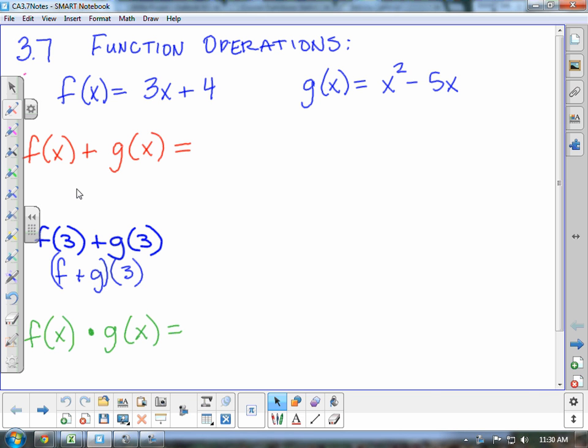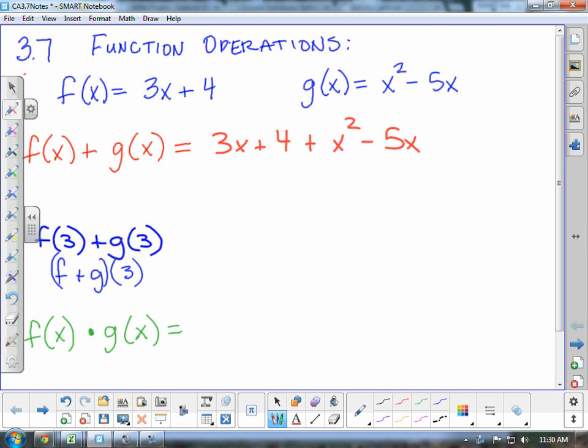One of them would be to add the functions together, which then would be 3x plus 4 plus x squared minus 5x. And you can combine those things because those two can be added together, and you would get x squared minus 2x plus 4.